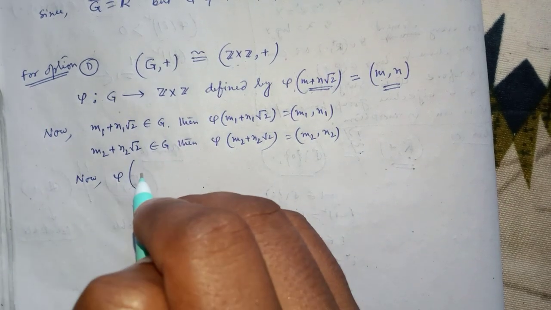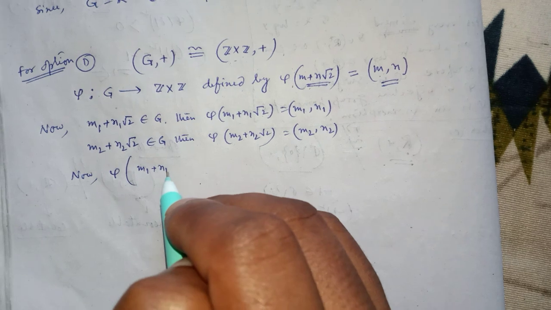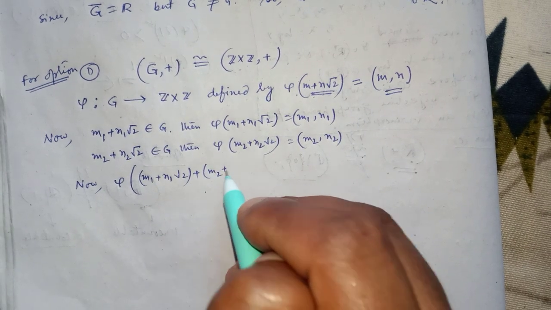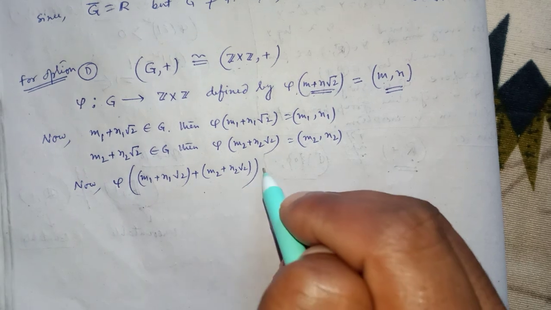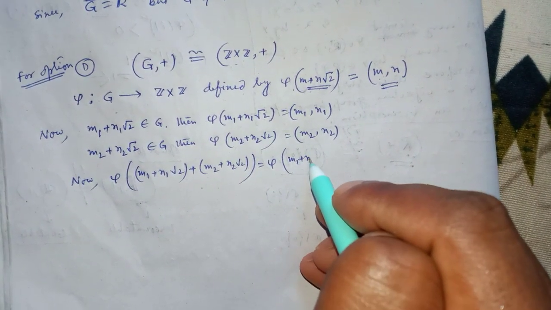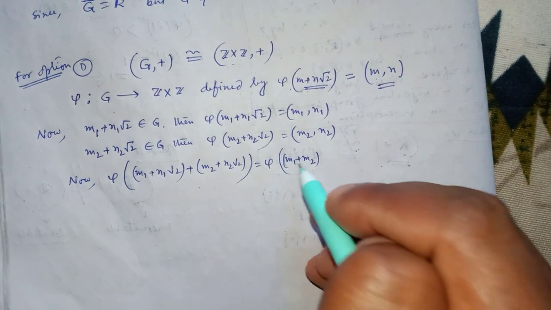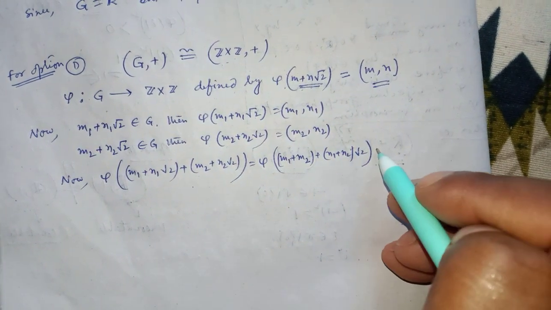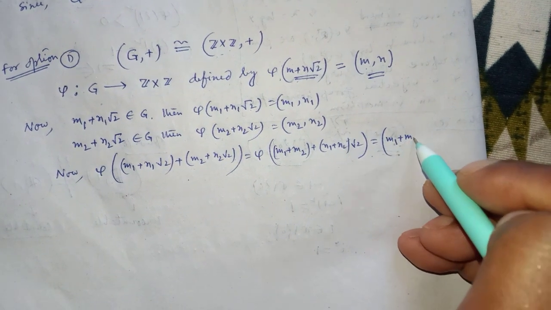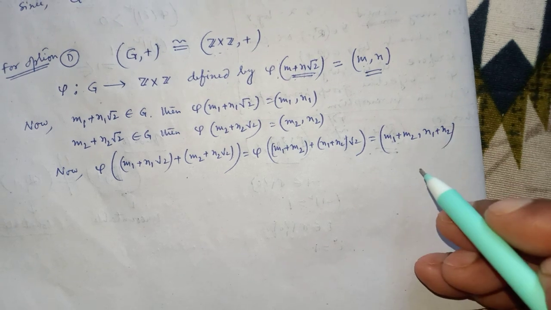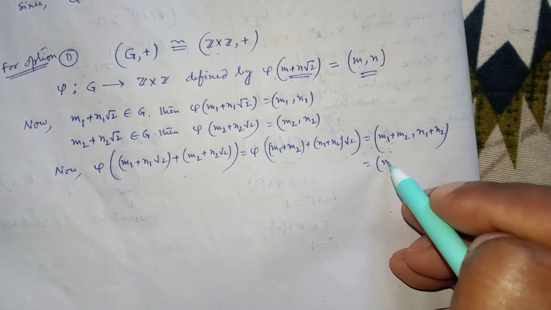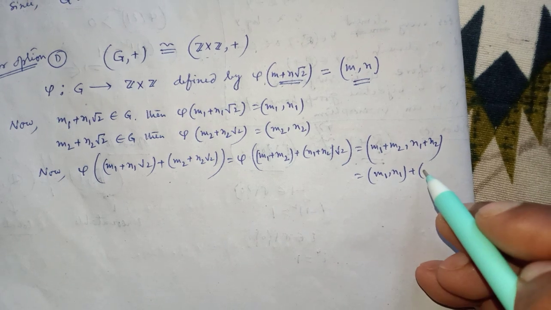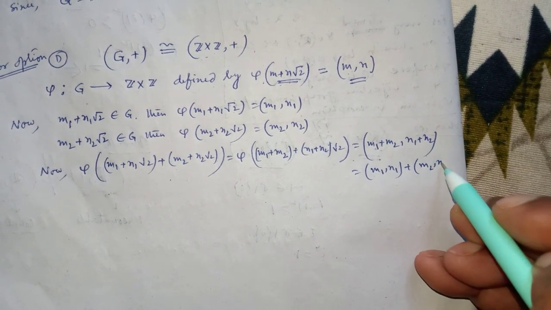Now phi of m1 plus n1 root 2 plus m2 plus n2 root 2 is equal to phi of m1 plus m2 plus n1 plus n2 root 2, which is equal to m1 plus m2 comma n1 plus n2, which is equal to m1 comma n1 plus m2 comma n2.